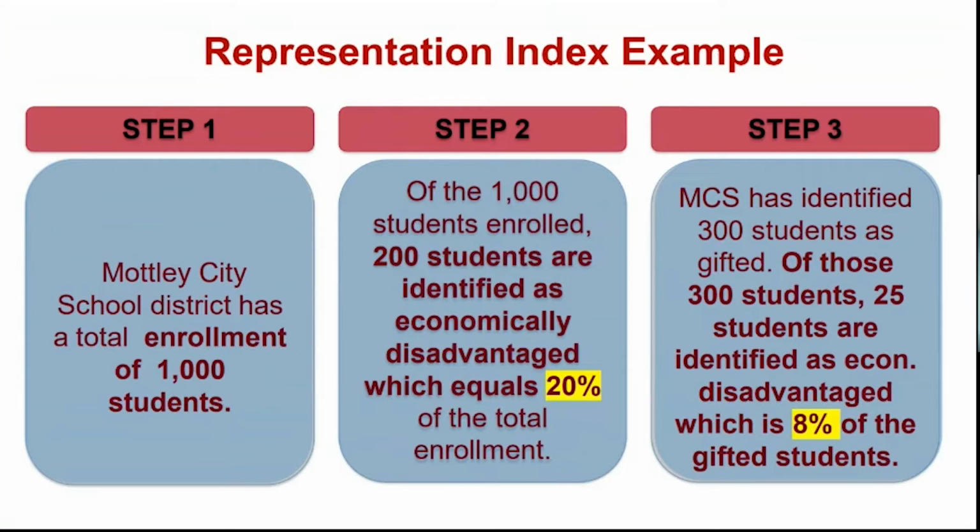Now we're going to take a look at the ratio of gifted students who are economically disadvantaged, I should say. So there are 300 gifted students in our school, and 25 of them are economically disadvantaged. So with that, the ratio there, 25 to 300, ends up being 8% of the students that are economically disadvantaged are gifted.